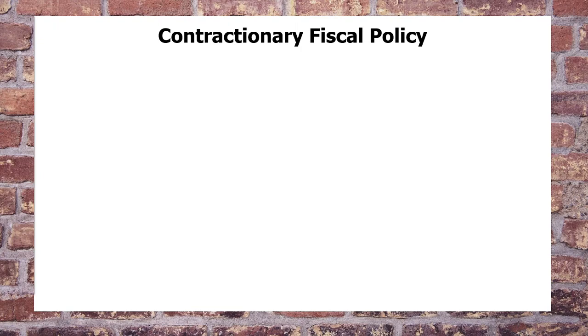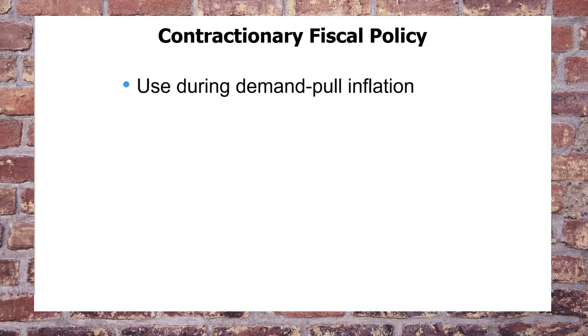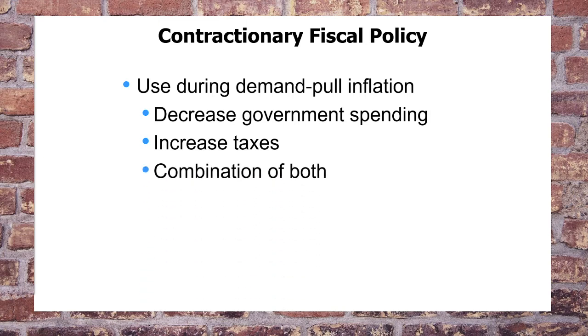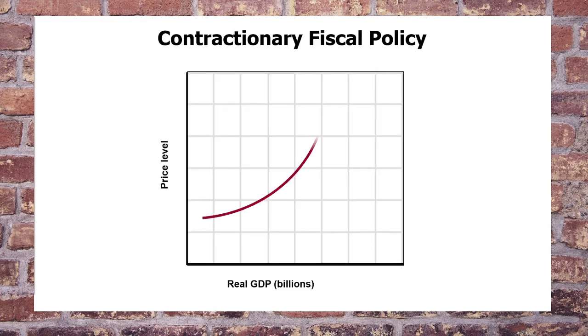Then we have contractionary fiscal policy, which is to fix demand-pull inflation, closing the inflationary gap. We decrease government spending and we increase taxes. You do the opposite for the other, or a combination of both. Because we're bringing in more taxes and spending less, this will create a surplus.